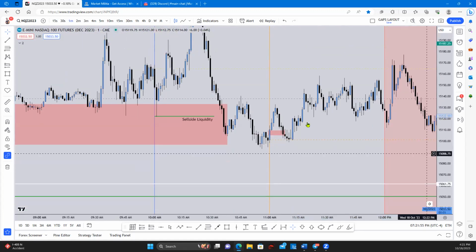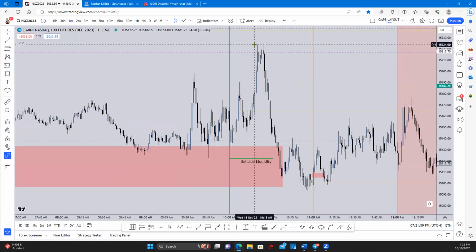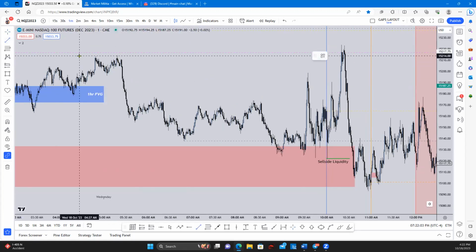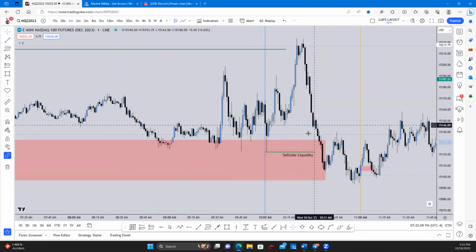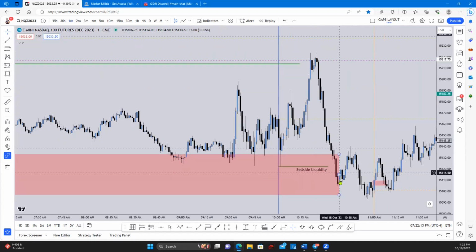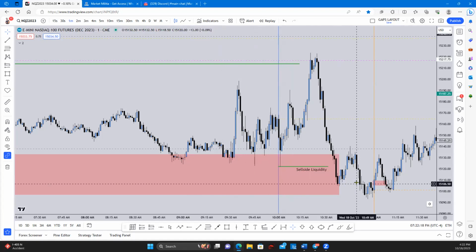So in the morning, we bounced here. We took out buy side right above here. Took out the London high. If you look at ES, we had a nice breaker on ES. But we took out the high and then aggressively dropped down, taking out these equal lows in here. See how clean these are?